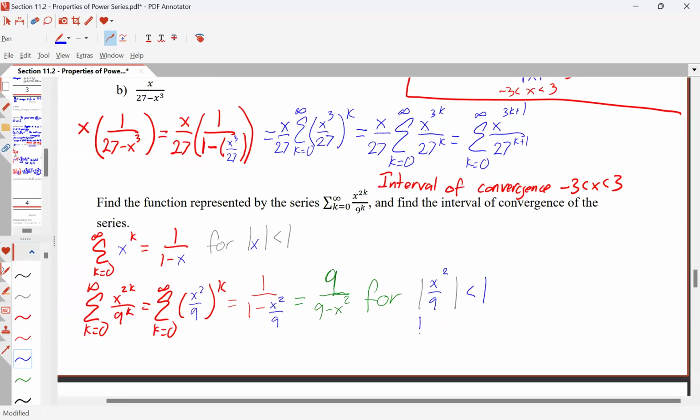Multiplying by 9, we get x squared is less than 9. And same as before, when I take the square root, I have the absolute value of x is less than 3. So our interval of convergence is negative 3 is less than x is less than 3.